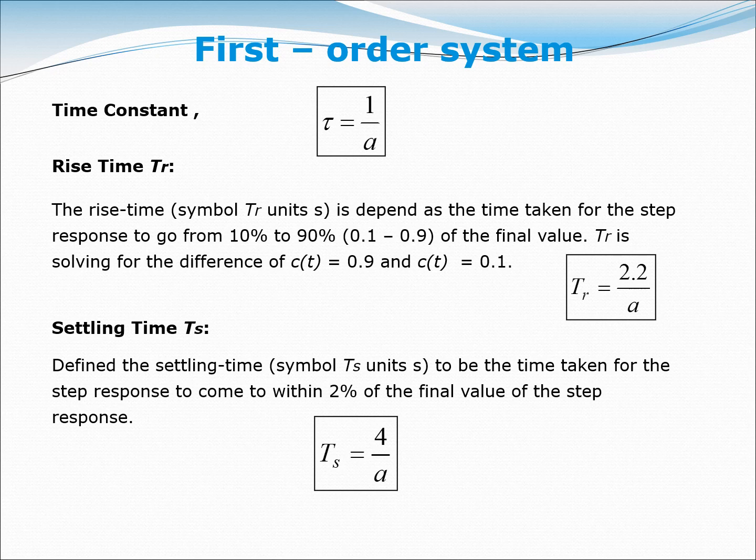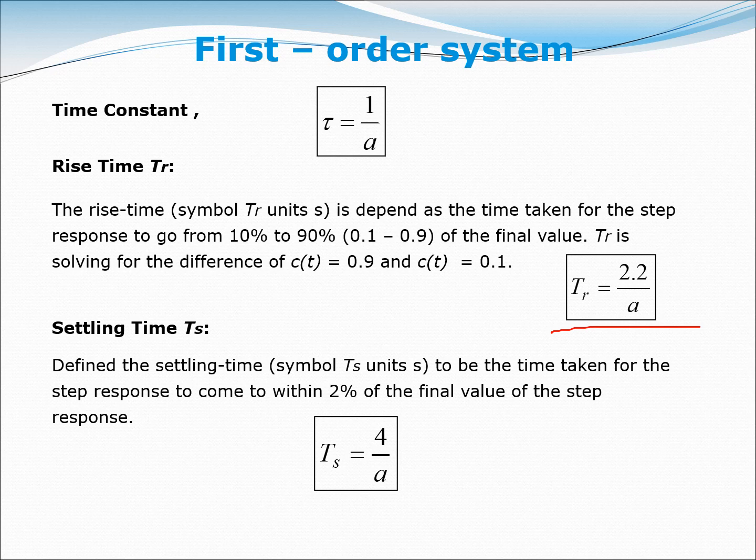Tr is solved from the difference of c of t equals 0.9 and c of t equals 0.1. Another formula you can use is Tr equals 2.2 divided by a.